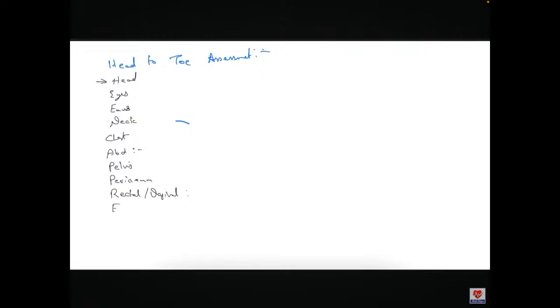Next, in the extremities, we have to check for any deformities and neurovascular status. Next, for the back, we log roll and inspect the spine. Okay, so these are the things. Every time, mostly if any person has fractures, we have to think about whether it is an open or closed fracture.